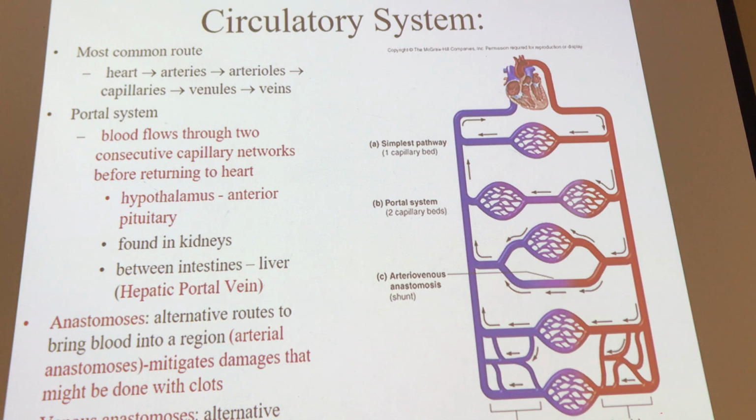That's the normal system. Now in a portal system, you have the blood going out of the heart, lots of oxygen, lots of nutrients. It goes to the capillary bed in one organ, and then directly to a capillary bed in a second organ before it returns back to the heart.